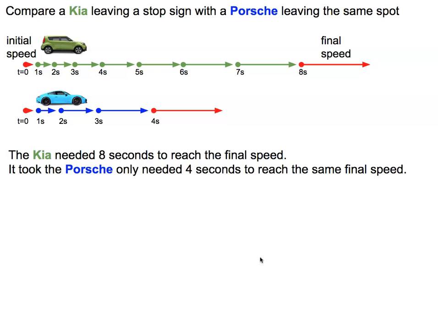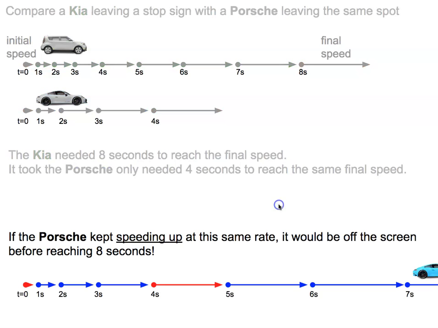In other words, the Porsche was speeding up, or accelerating, much more quickly than the Kia. If the Porsche were to keep speeding up at the same rate and move for the 8 seconds it took the Kia to match its speed, the motion map would go off of the screen.